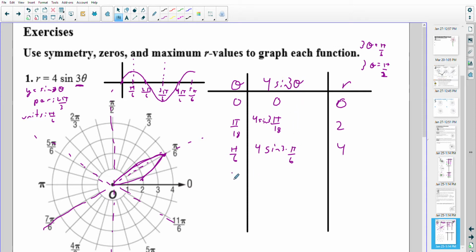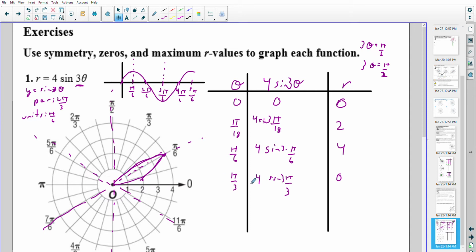So 4 times the sine of 3 times pi over 3, sine of pi is equal to 0. So at pi over 3, it's going to equal 0.